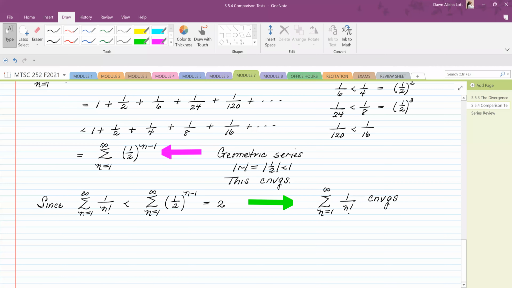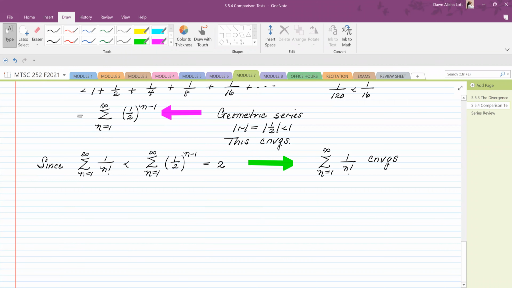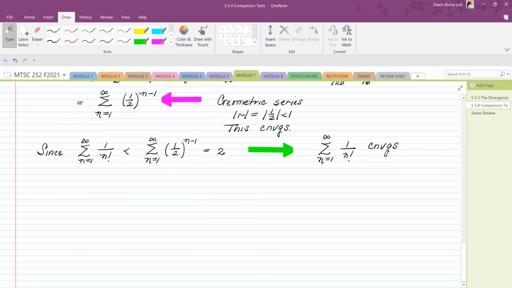Okay. Next test. Number 7. This is the limit comparison test.